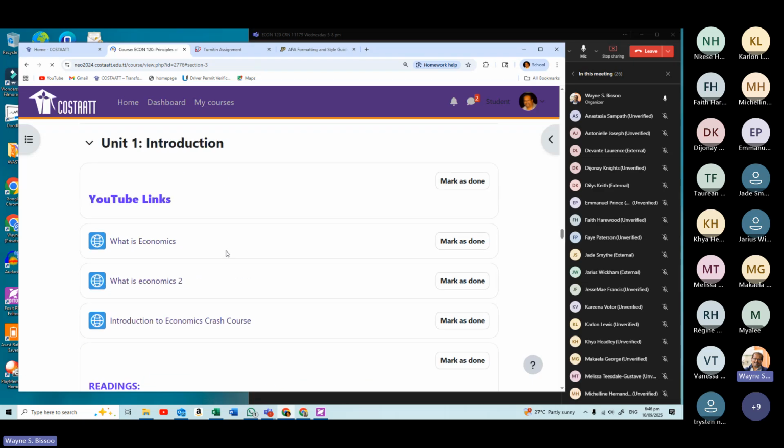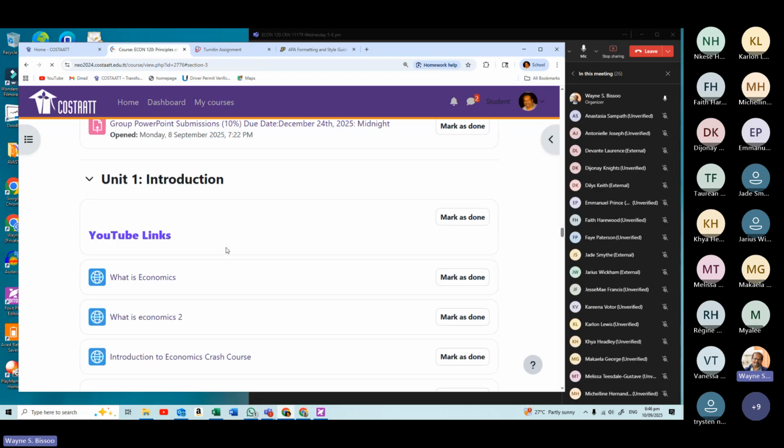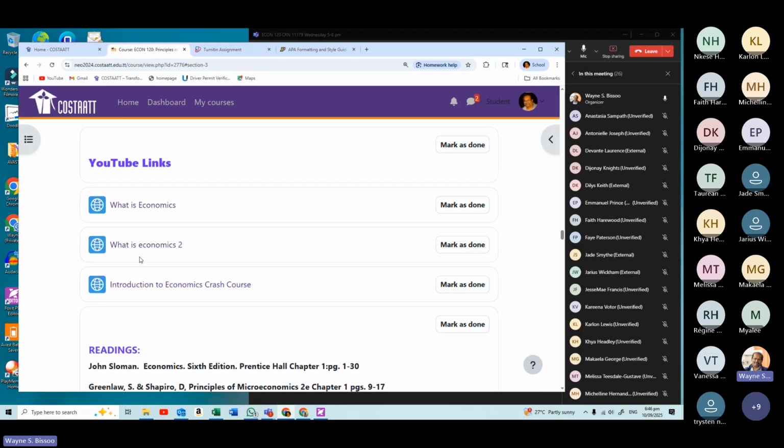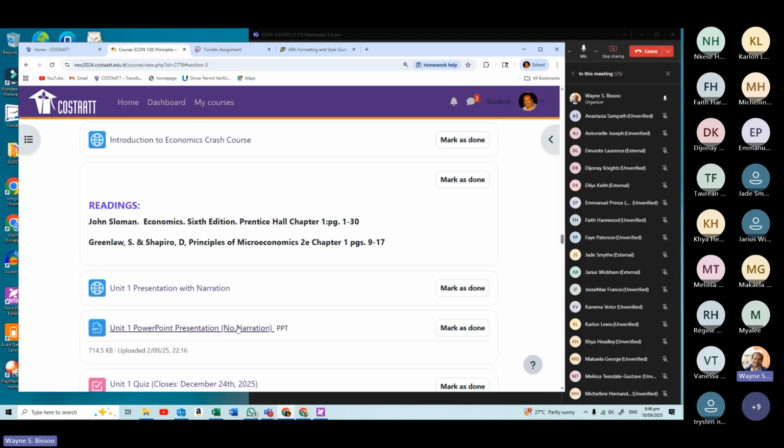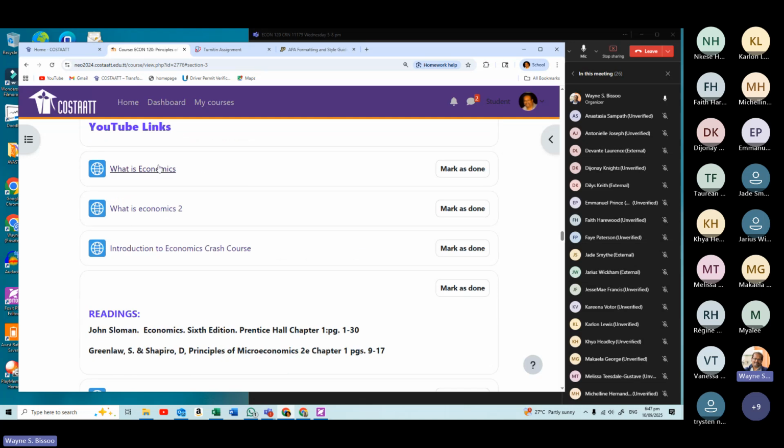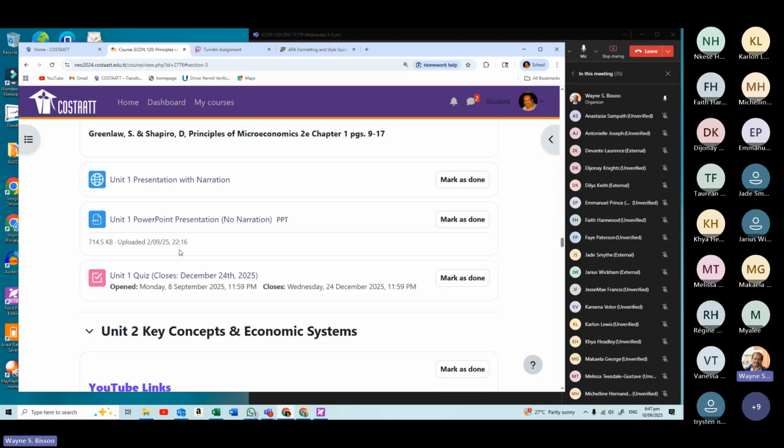So the idea is for each of the units that you have to do, you go through the content and do the readings in whatever order you want. Maybe start with the readings from the textbooks, then look at the PowerPoint presentation and the couple of videos I might have attached. When you feel comfortable with the content, you tackle the quiz.